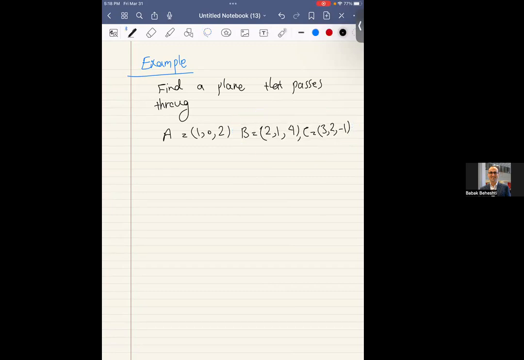So basically you have 3 points, A, B, C. You want to find a plane that passes through these 3 points. So imagine that this is like A, this is B, and this is C.